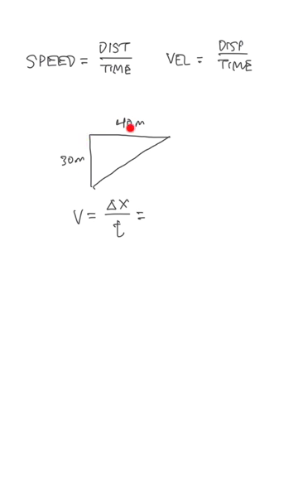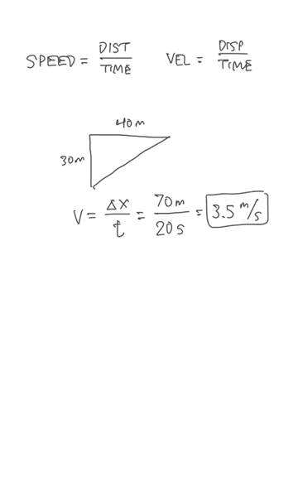So 30 meters plus 40 meters gives you the distance of 70 meters, divided by the time, which was given in the problem as 20 seconds. 70 divided by 20 is 3.5, and that has units of meters per second.